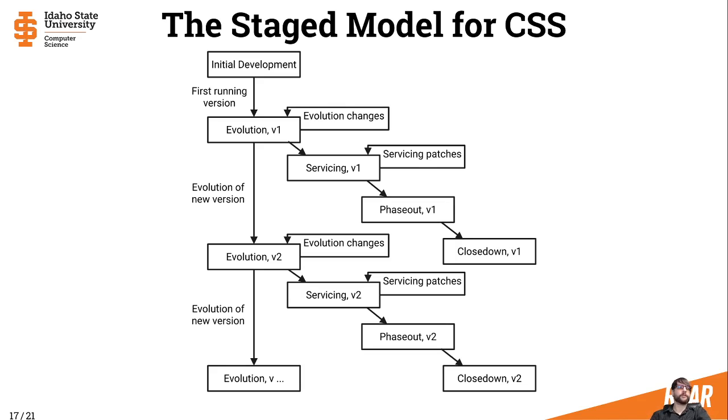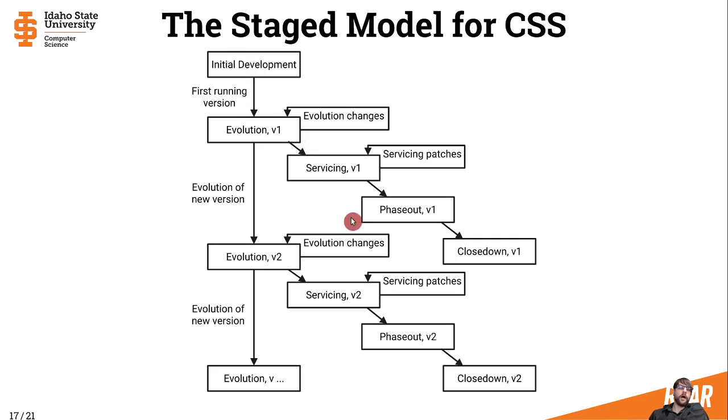Ubuntu every 2 years has a long-term service version that comes out, and that's good for 2-3 years. But eventually they stop servicing it, and they phase it out. Windows does the same thing, or at least they used to. Now they're kind of just operating on Windows 10 for the rest of eternity.